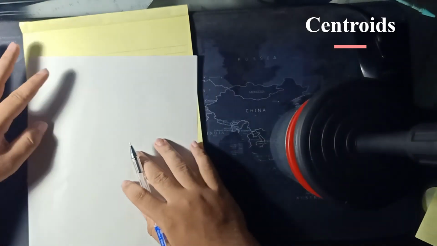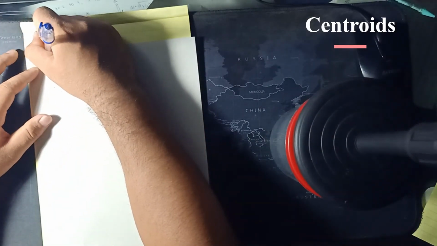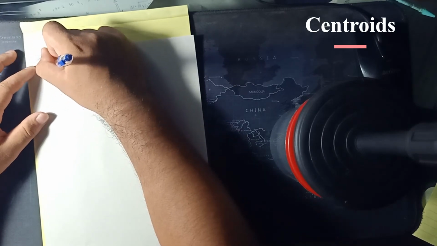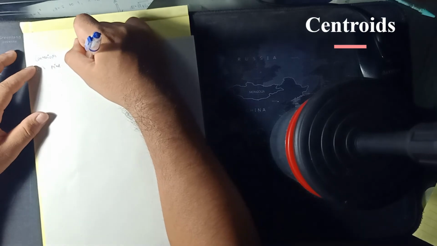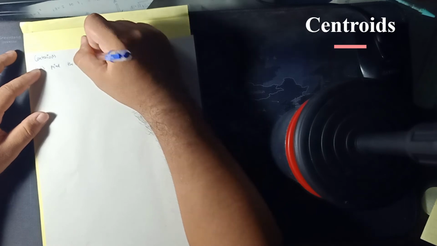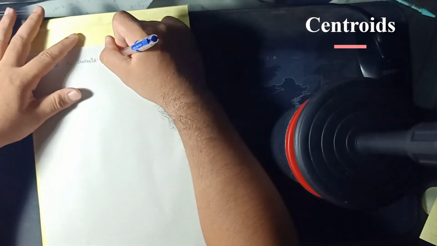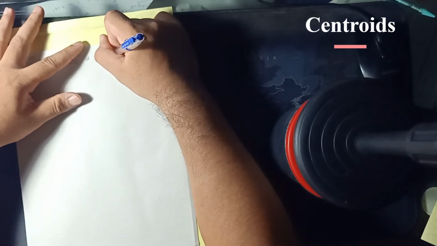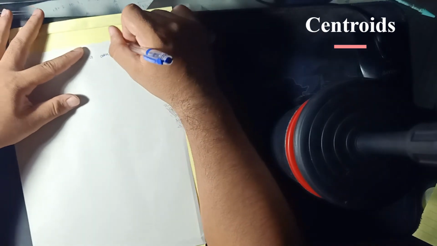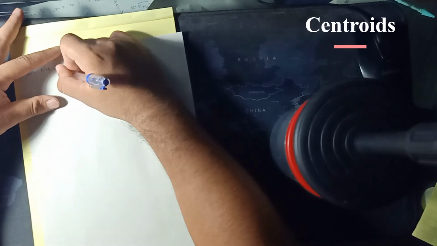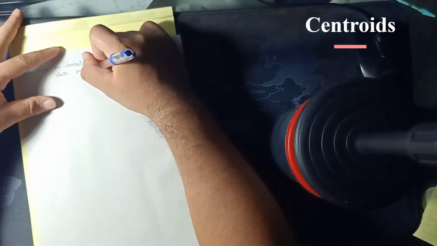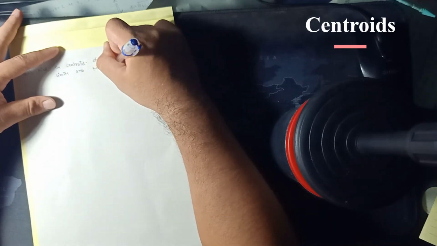For example, in centroids, let's find the centroid of the curve y equals 2 cosine x, with limits from x equals 0 to x equals 2.